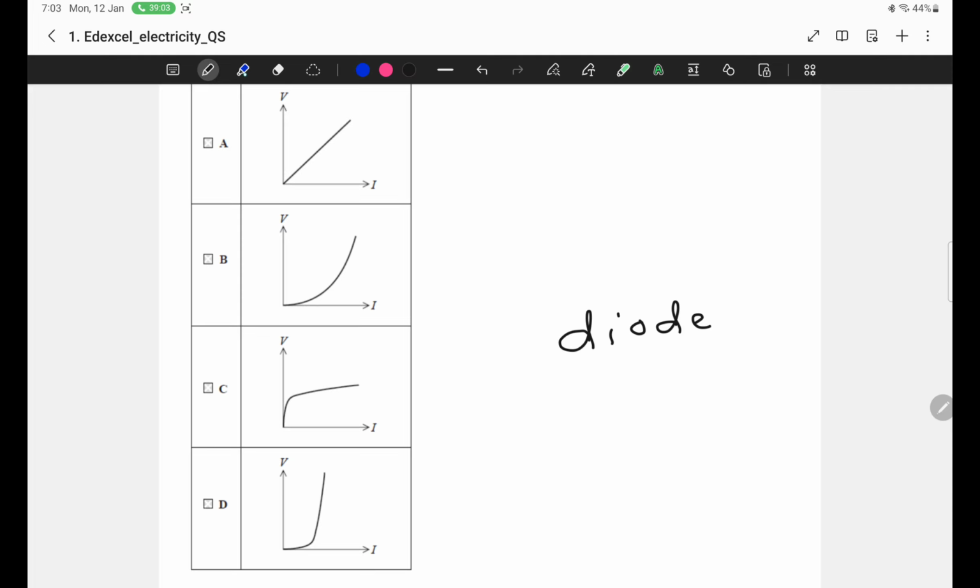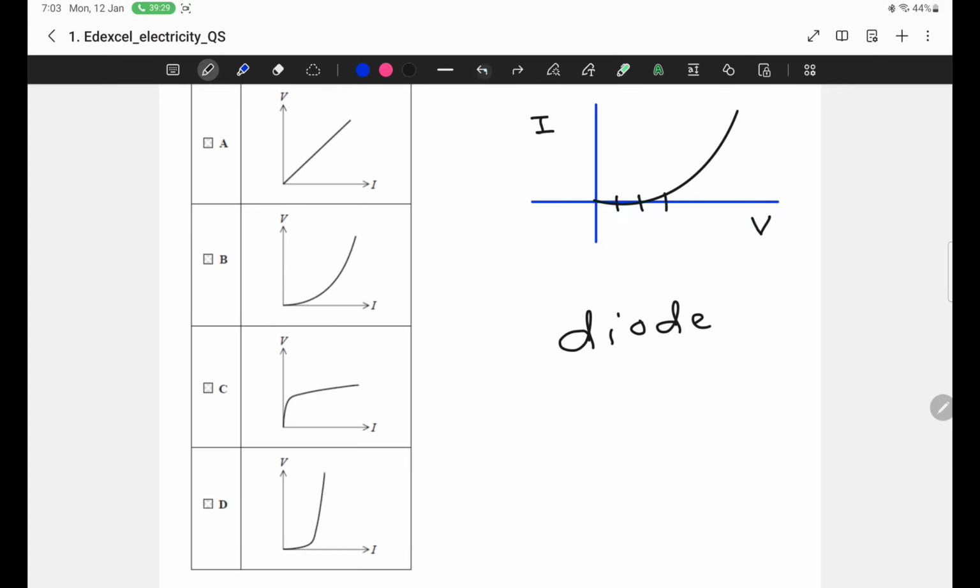It is D, but if voltage is along the x-axis: at low voltage, no current. After a certain voltage, then there is a current. But in this question, sir, voltage is along the y-axis.